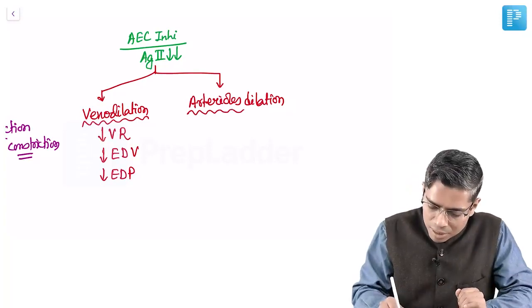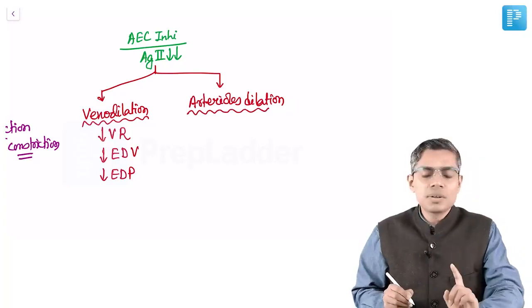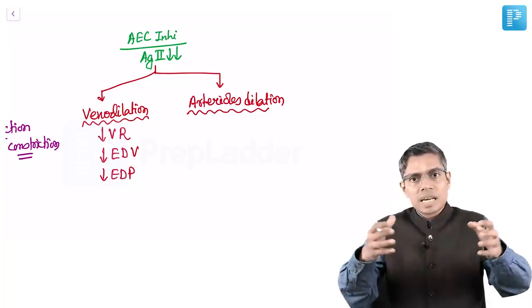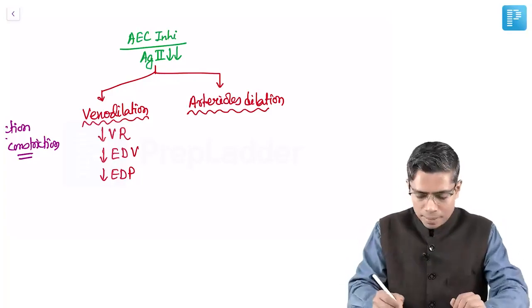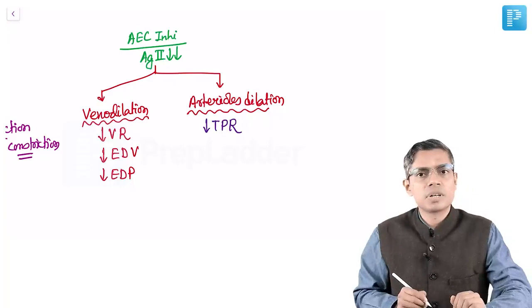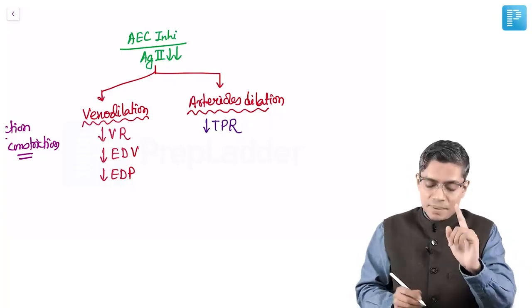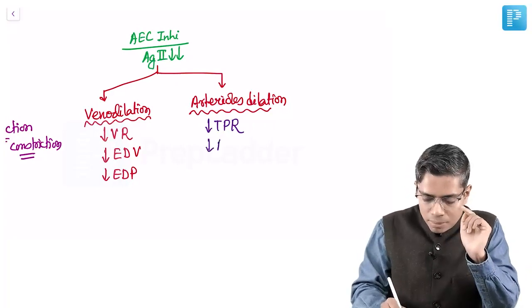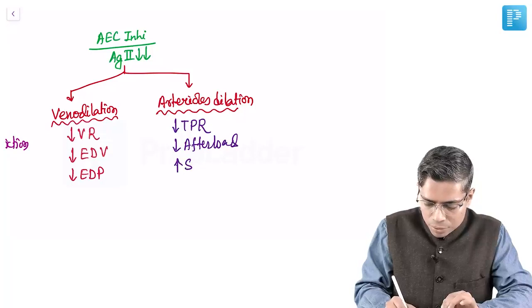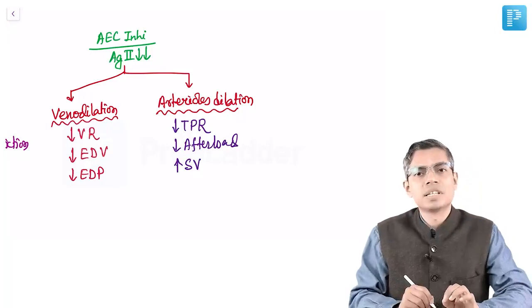Now if you look at the arteriolar dilation, you know the arterioles are known as the resistance vessels. So if you cause dilatation of the resistance vessels in the body, then there will be a decrease in total peripheral resistance of the body. Total peripheral resistance is a determinant of afterload, right? If your afterload is decreased, what will happen to stroke volume? Stroke volume is going to increase.